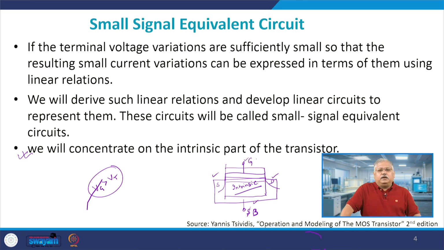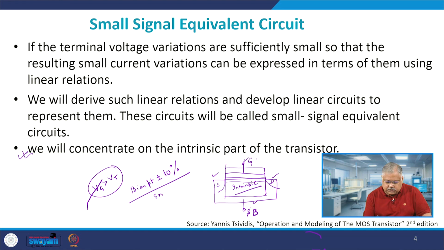Then we define that to be a small signal, right. Typically, in generic terms, we define a small signal as one where the input voltage you are putting on the gate side shifts the bias point of the device by plus minus 10%. So, if the bias point shifts by plus minus 10%, then you would expect to see what is known as a small signal.